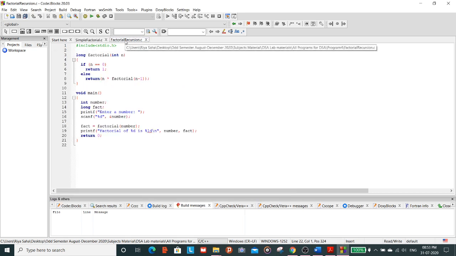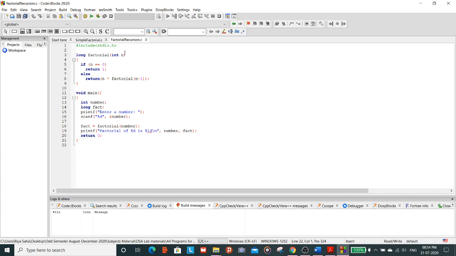Now let's have a look by using recursion, that means by using a function which calls itself. Here all these things are the same, but the difference is fact is assigned to the factorial function. When this function is called, control goes to here.